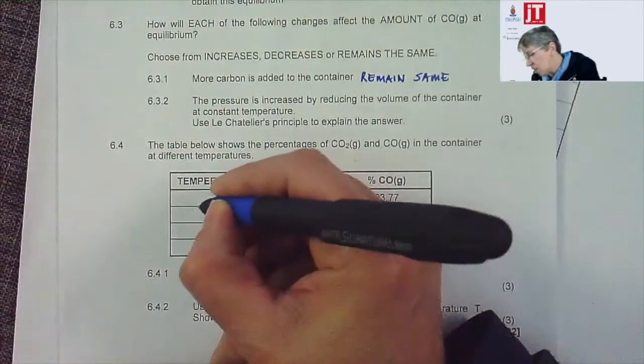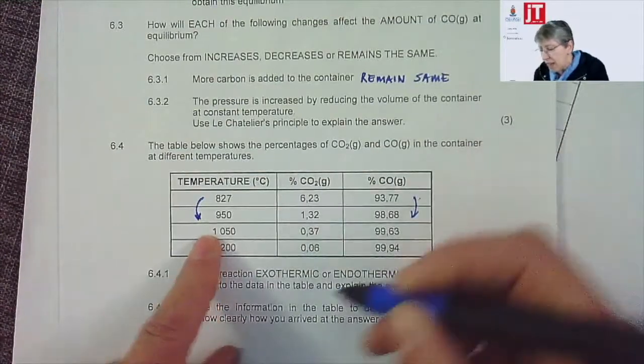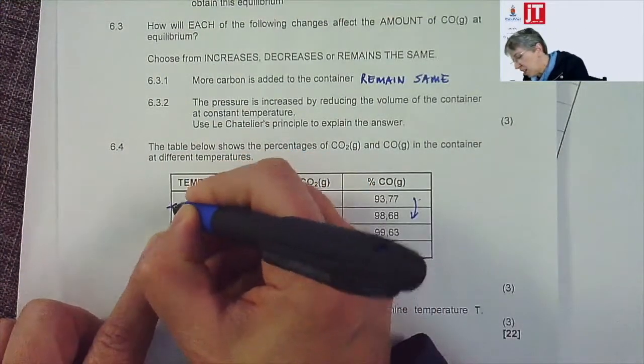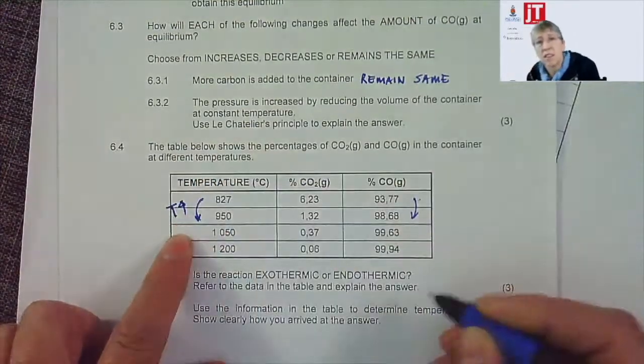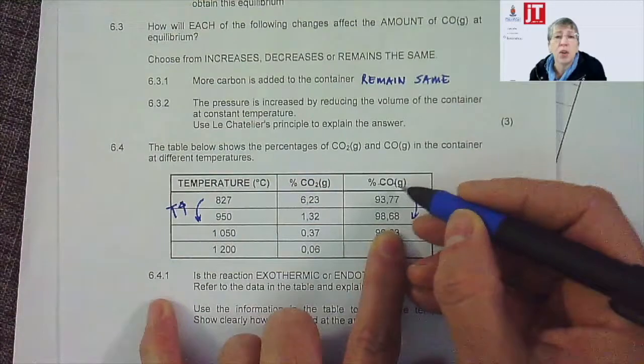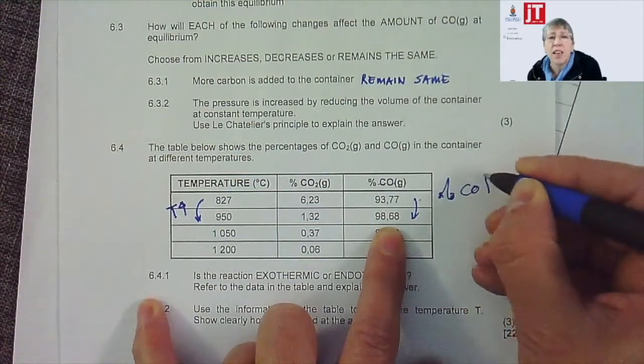So let's start off on this side. If I go from there to there, it means I go to a higher temperature, right? So when the temperature increases, what's happening to the percentage carbon monoxide? It's also increasing. So the percentage CO is increasing.